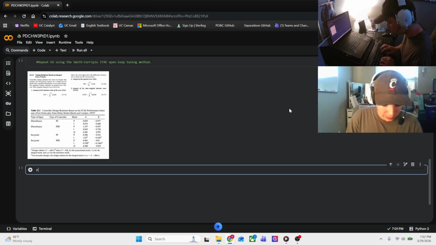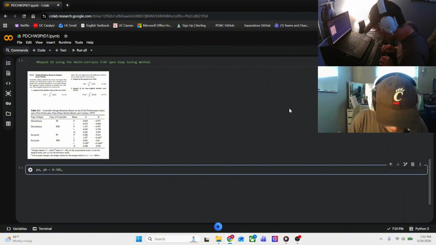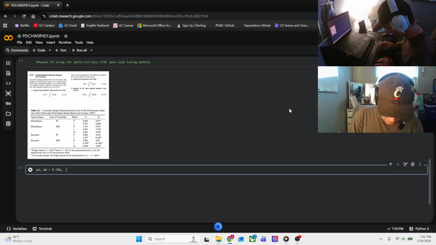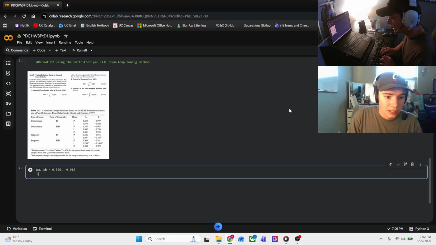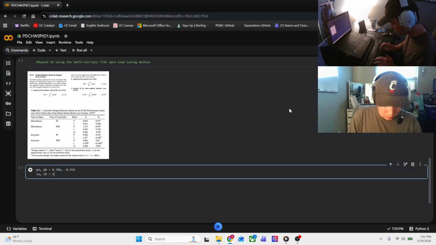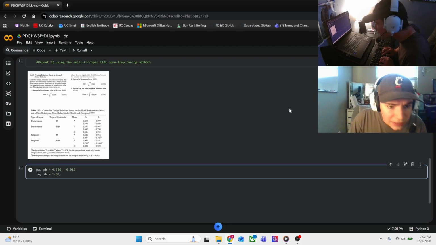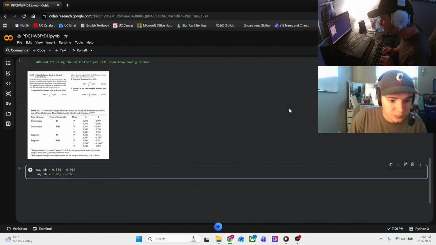So we know our PA and PB are going to equal that 0.586 and the negative 0.916. And then we know IA and IB are going to be 1.03 and negative 0.165.